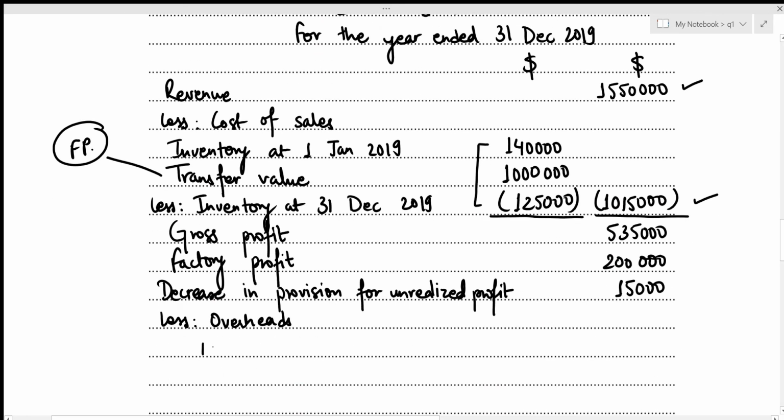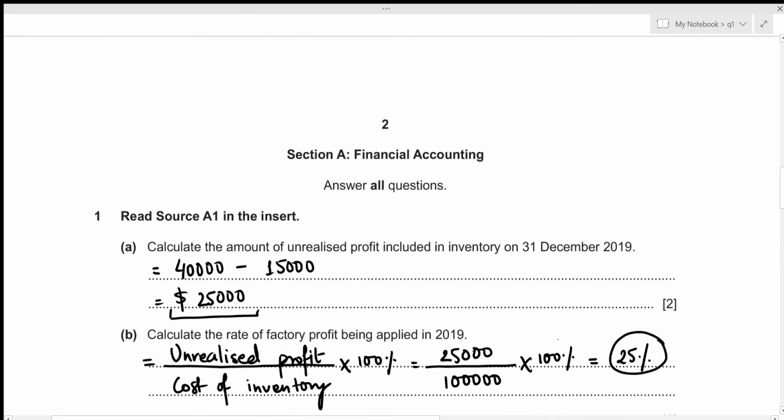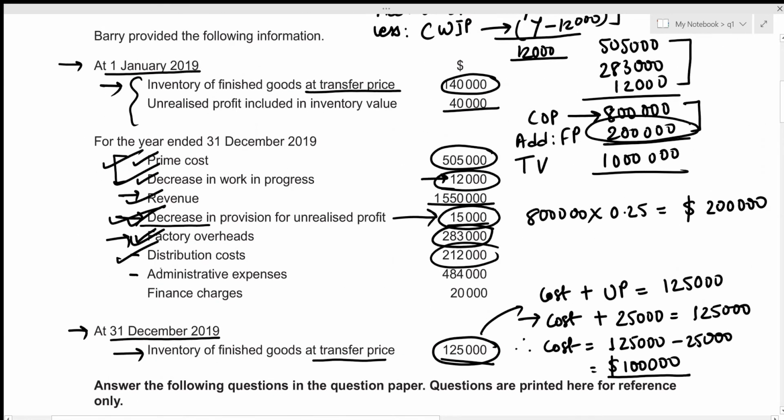So that's a distribution cost of 212,000. Okay, let's have a look above again. Then the second one was administrative expenses, which amounted to 484,000. Let's write it down as well.